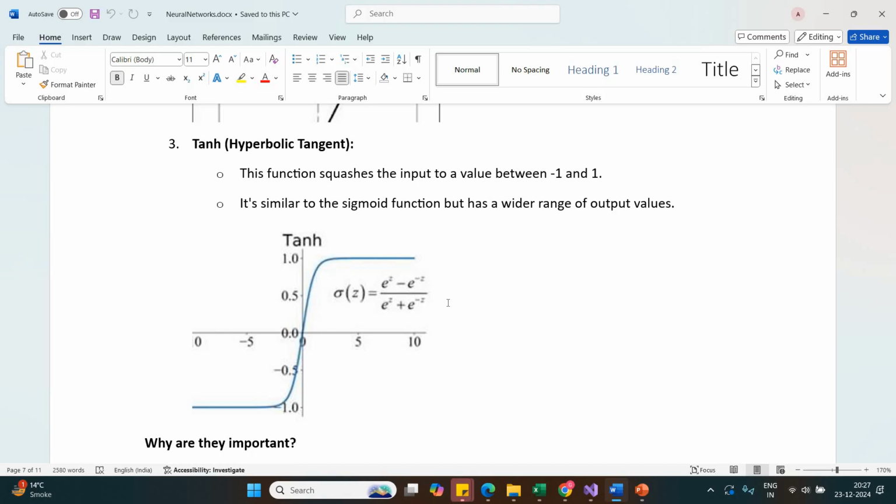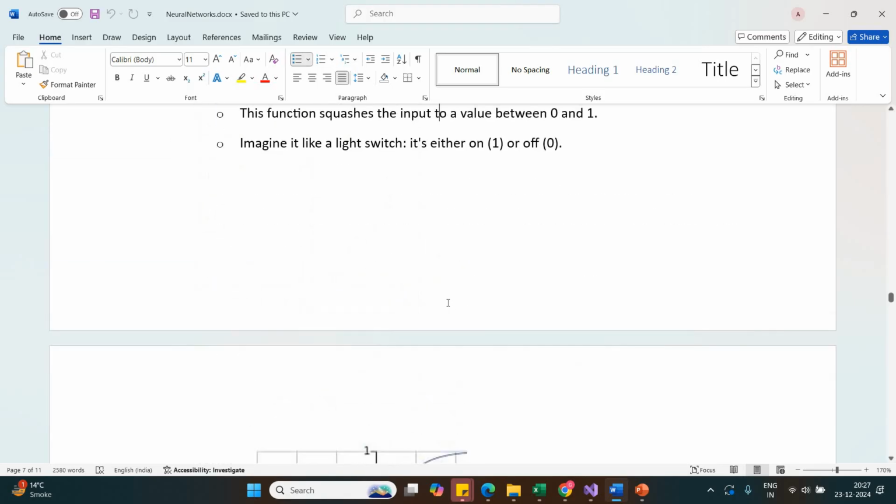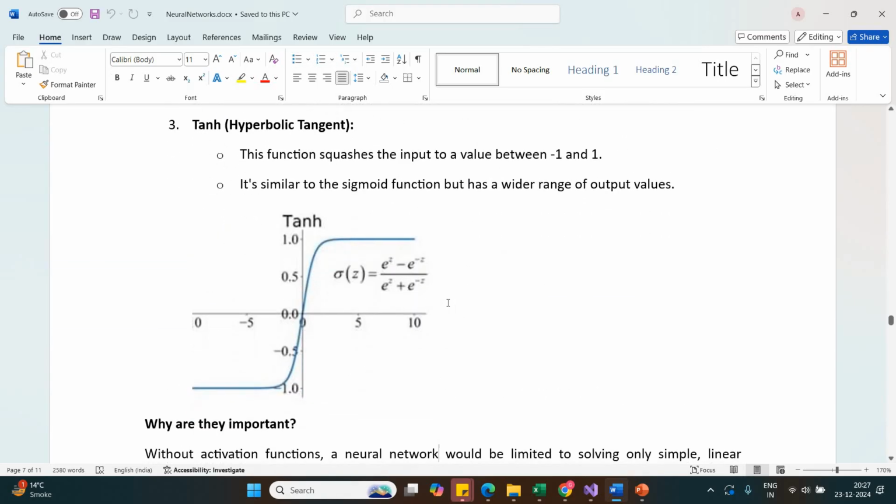We are going to see the different scenarios when you use tanh and when you use ReLU, and all those we will discuss in the coming videos. Here we are going to give you a brief overview only, right? These are the three functions. This only shows how the values that we are going to train our model on will be spread out. So tanh, sigmoid, and the rectified linear unit, ReLU, are the three different activation functions.